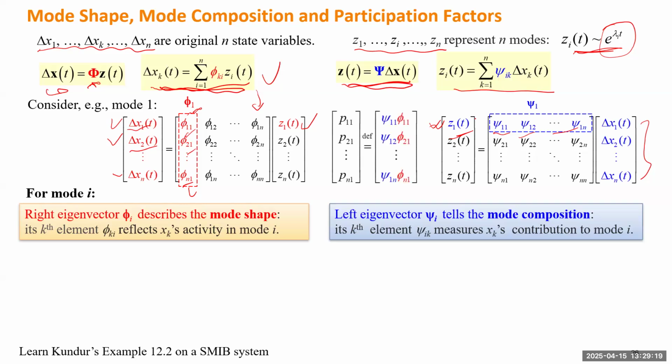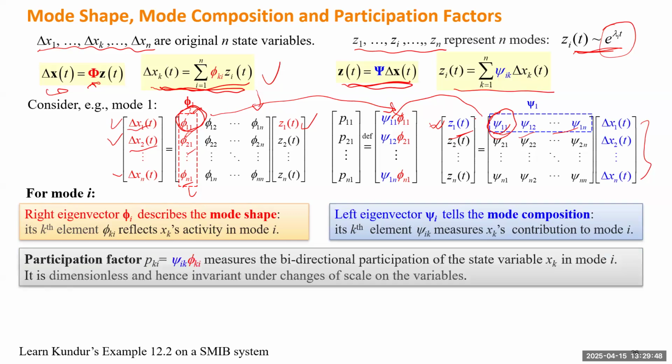So we can simply define a new index, which is just the product, element by element, of that mode shape vector and mode composition vector. For instance, the first element from the first vector and the first element from the second vector become the first index here. We call it PIK or PKI. That one we call the participation factor.